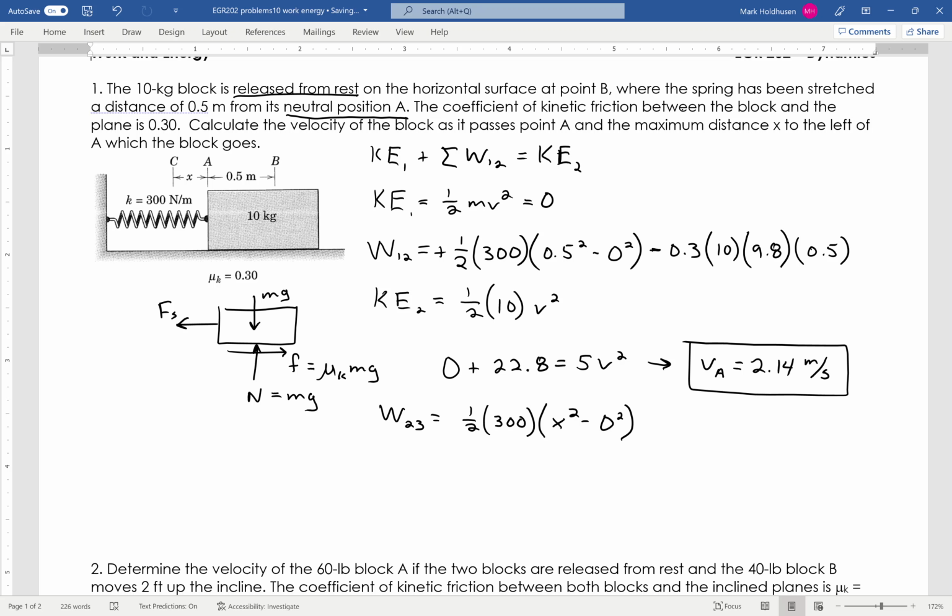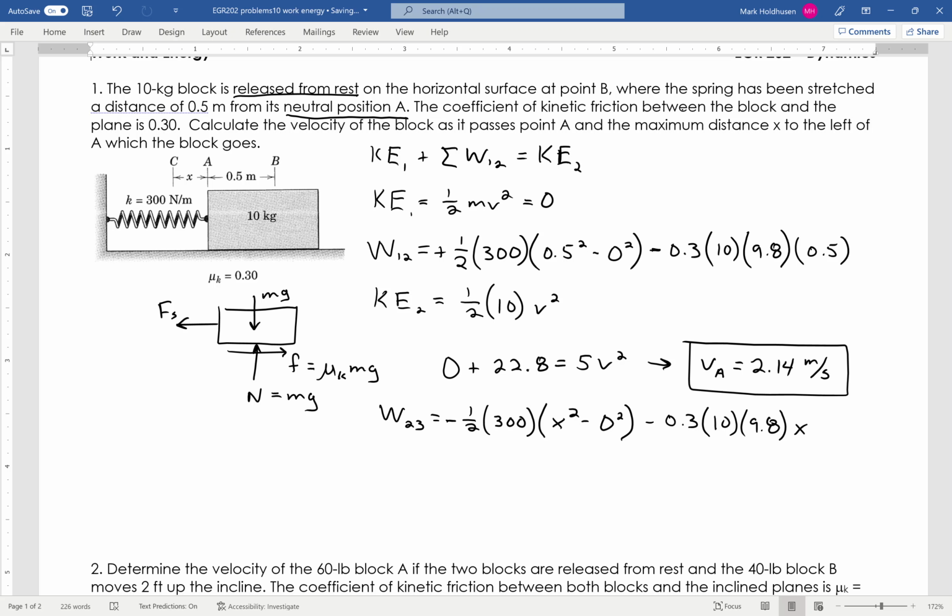Now, is this positive or negative work? This time the spring is working against the motion, so it's negative work, because the spring is now pushing to the right while the block continues to move to the left. The friction force looks the same: mu k times the mass times gravity times the distance traveled, which will be x, and that is negative.